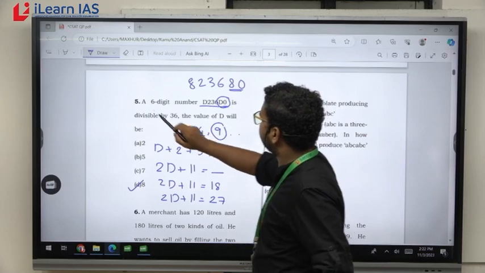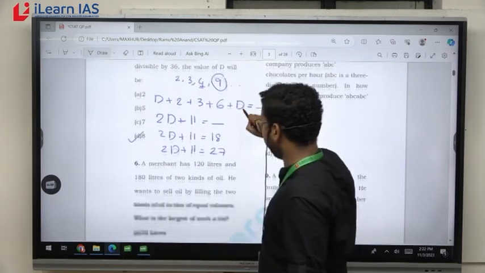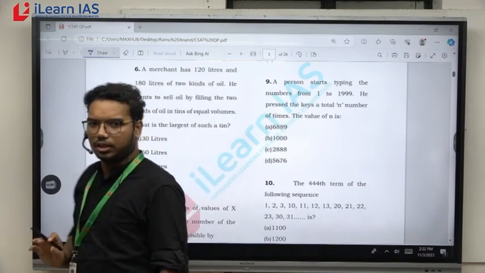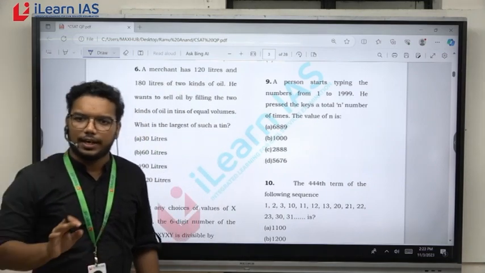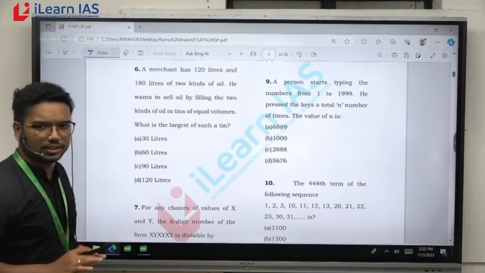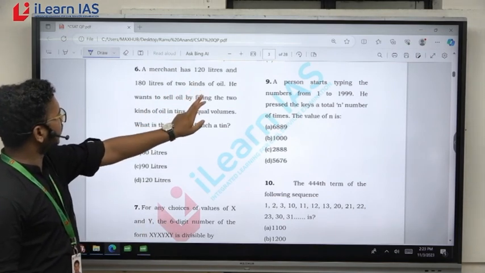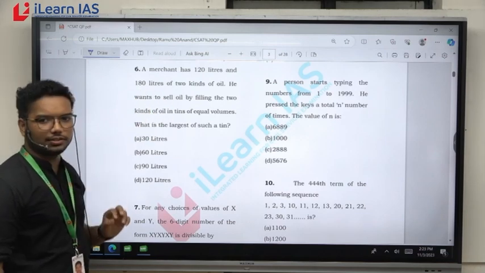Next question. This is a concept-based question. Last time also we had similar concept-based questions. What is asked? A merchant has 120 liters and 180 liters of two kinds of oil.